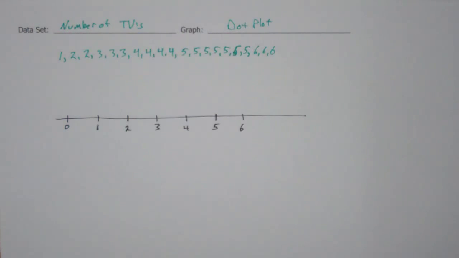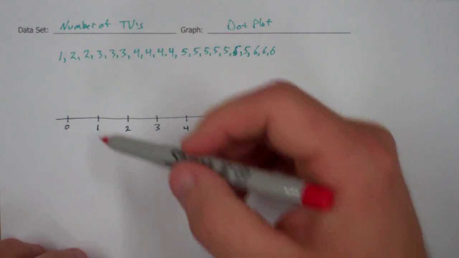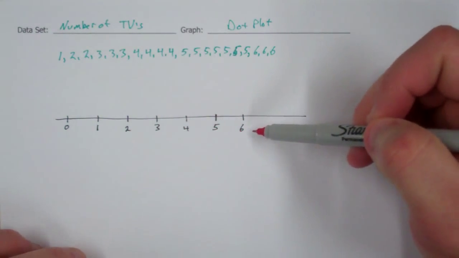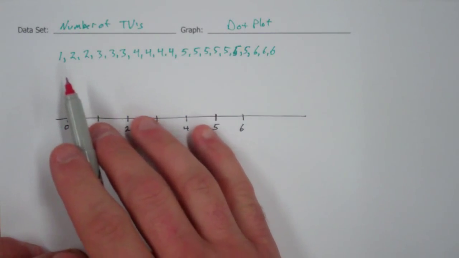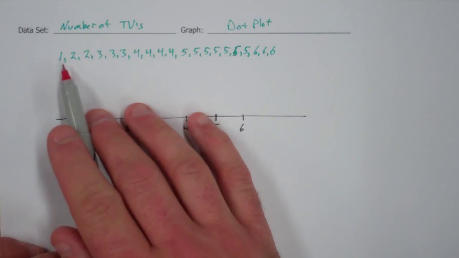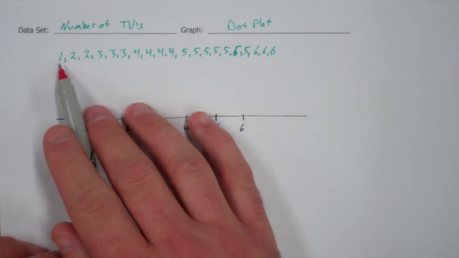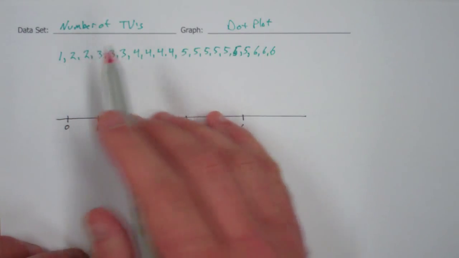The next thing we're going to do is put the corresponding number of dots in each position, 1, 2, 3, 4, 5, or 6, and the number of dots is going to be the frequency of people who have this number of TVs.